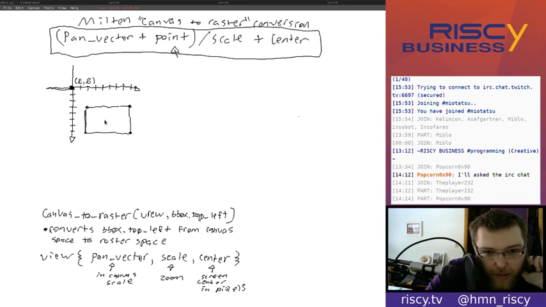So now we're representing this view with a pan vector, a scale, and a screen center in pixels.